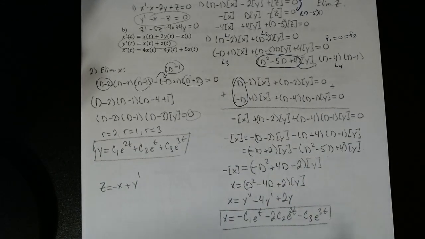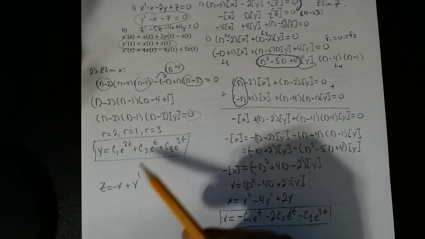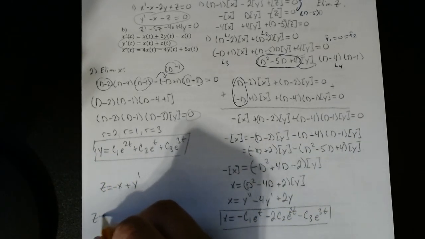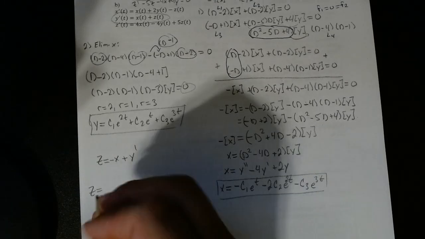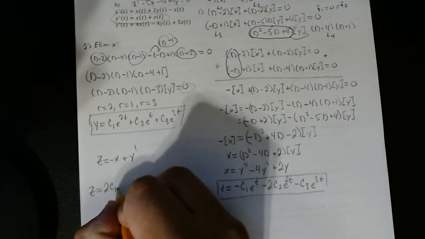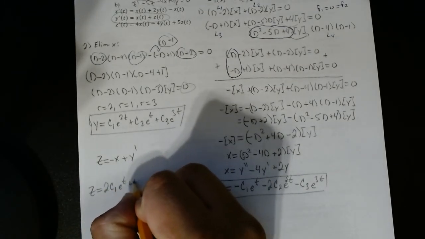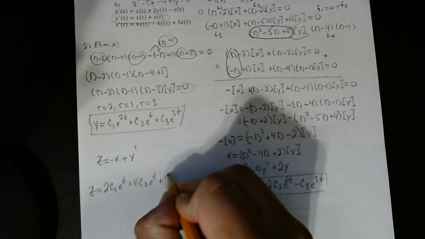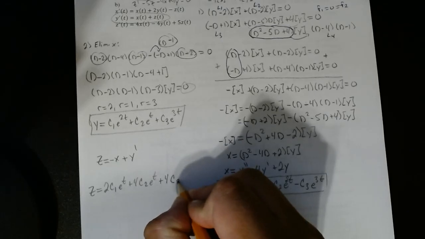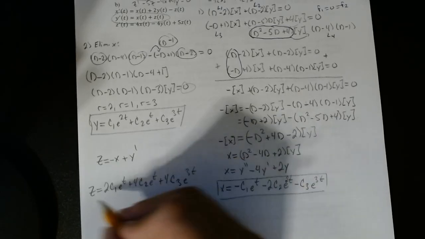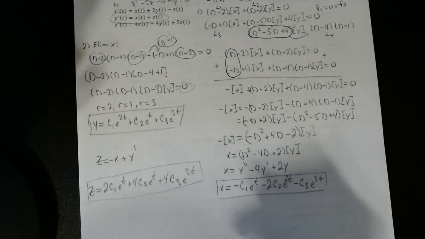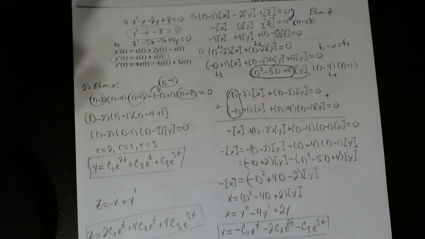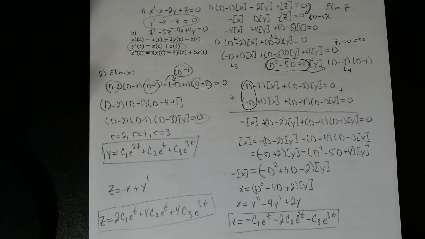Okay. So we just plug this in for x. We already had y prime earlier. We plug that into here, and we get our solution for z as well. There we go. So that's how we solve our 3 by 3 system of differential equations.